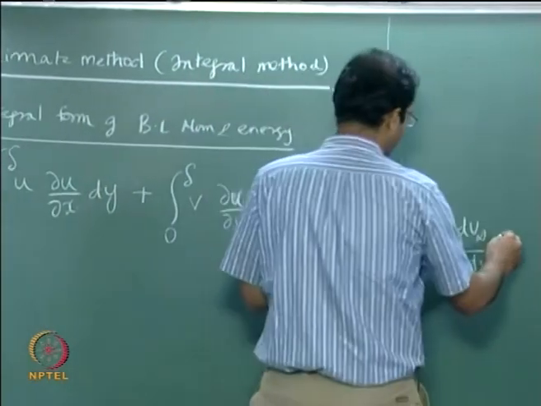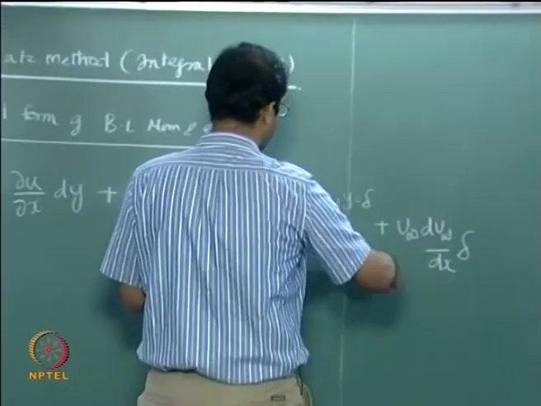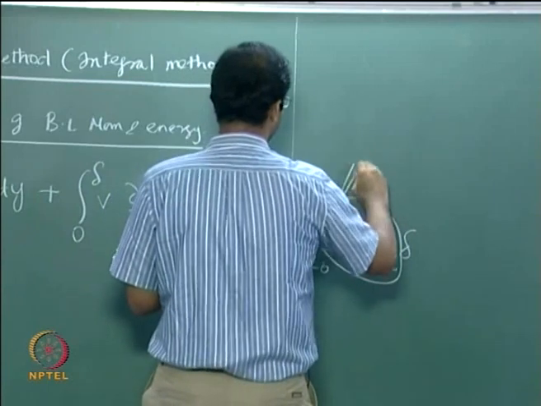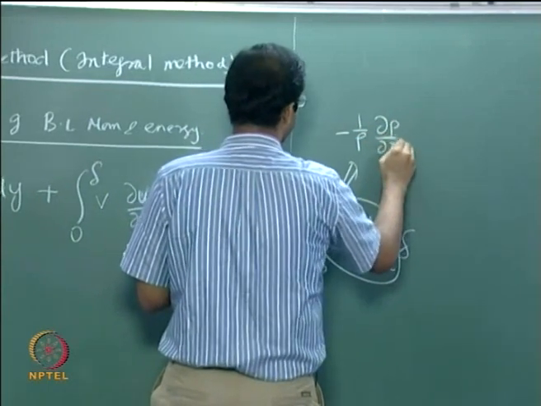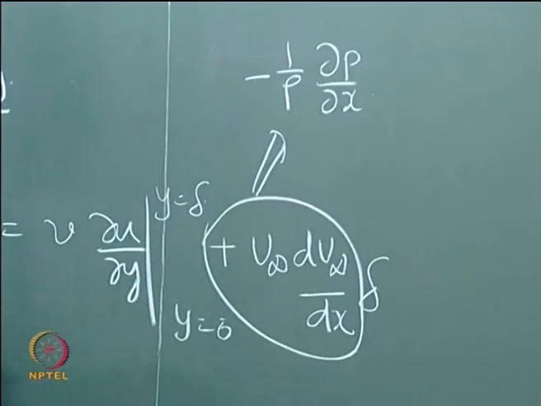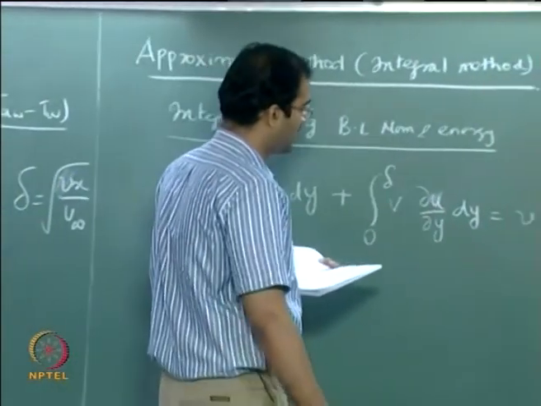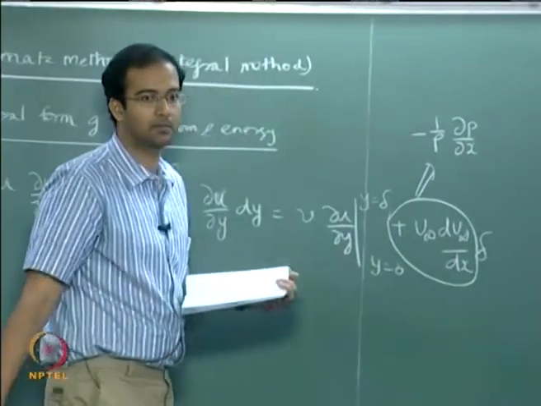So how did we get this? Originally this term was nothing but minus 1 by rho dp by dx, and we saw in the boundary layer that the pressure gradient along y is negligible, therefore we can apply this equation to the inviscid potential flow outside, and we can directly find that this is equal to u infinity du infinity by dx.